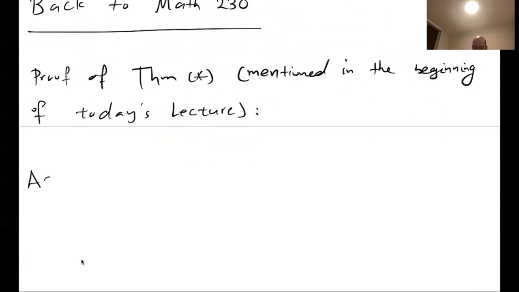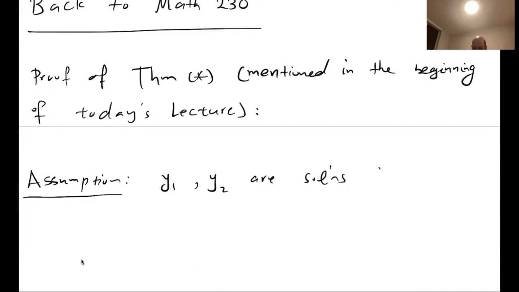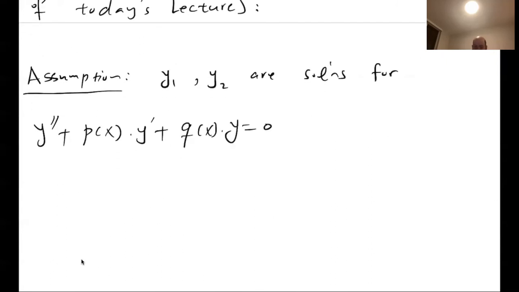So the assumption in the theorem says that y1 and y2 are solutions for this equation, for this ODE, y double prime plus p of x times y prime plus q of x times y equals 0. Now I want to define a linear transformation here.